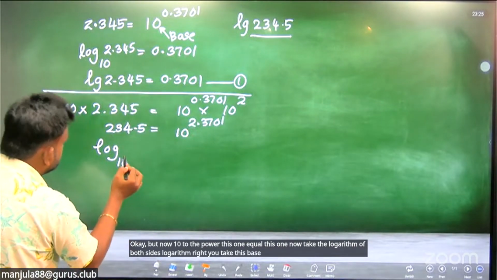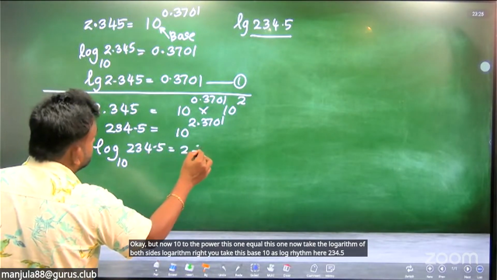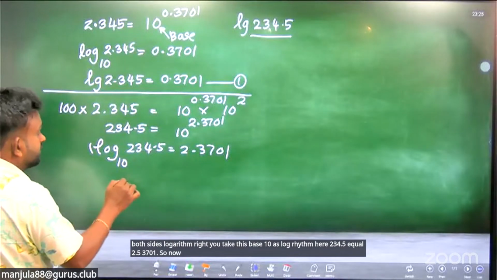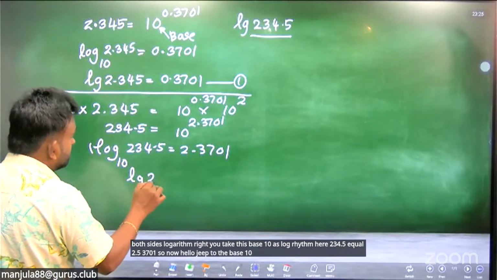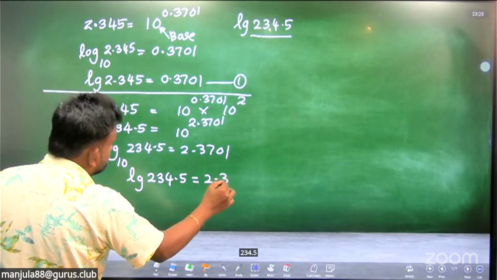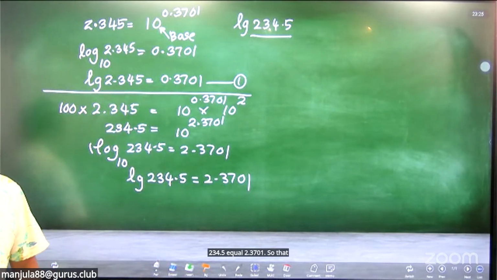So 234.5 equals 2.3701. Now log to the base 10 is replaced with lg: lg 234.5 equals 2.3701. So that is the answer.